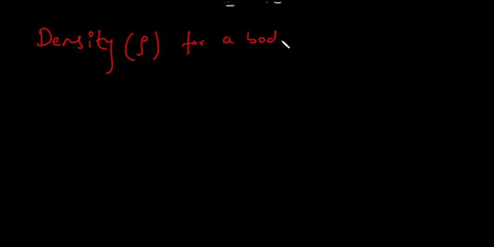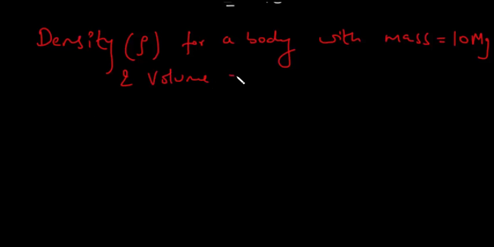Suppose you are asked to find the density rho for a body with mass equal to 10 megagrams, and volume equal to 200 millimeter cube.